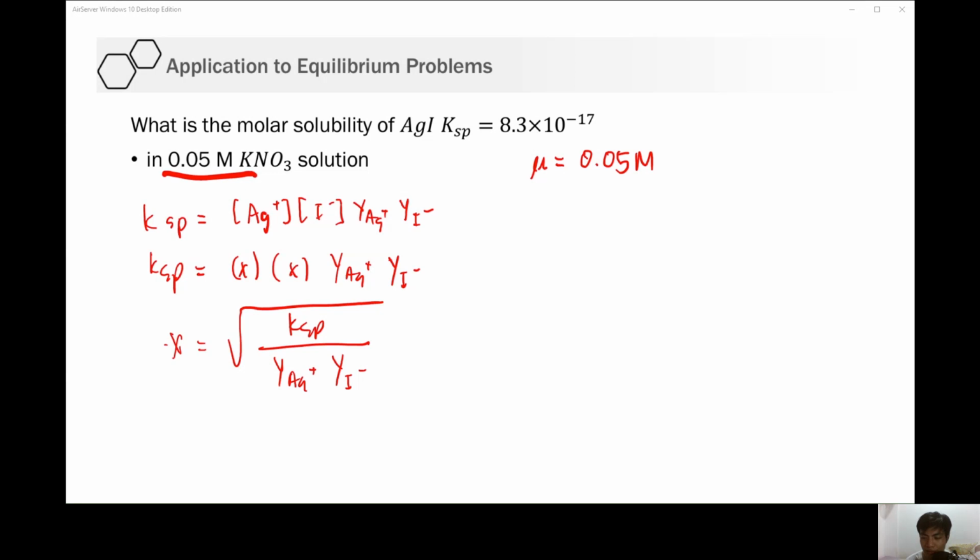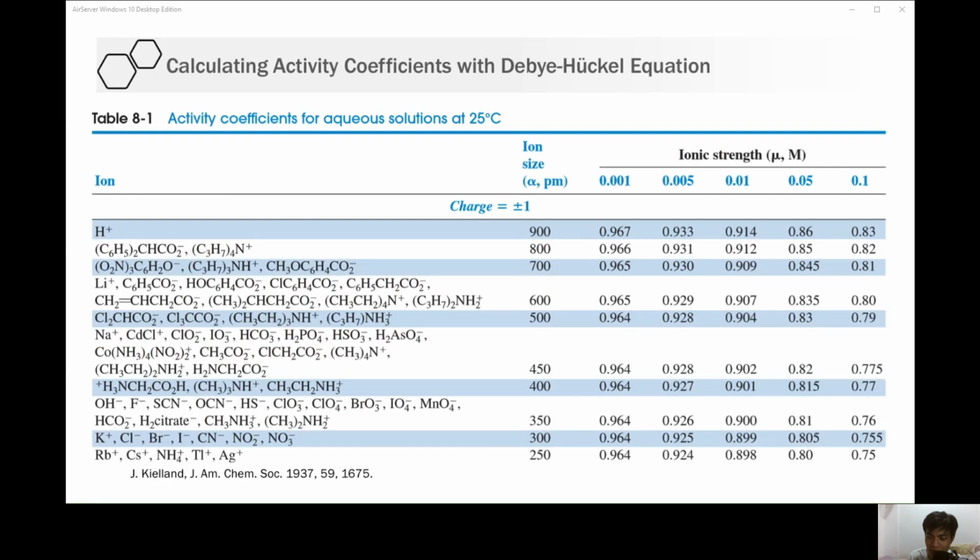So at ionic strength equal to 0.05, let's look for the gamma values of Ag plus and iodide ions. Let's use the table that we had earlier. At 0.05 molar ionic strength, the gamma for silver is 0.80, and for iodide ion, that is 0.805.